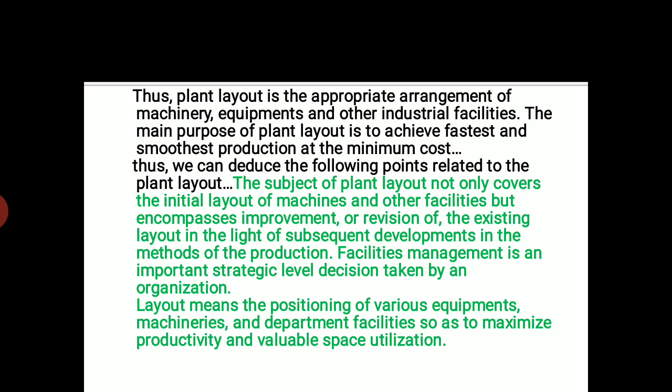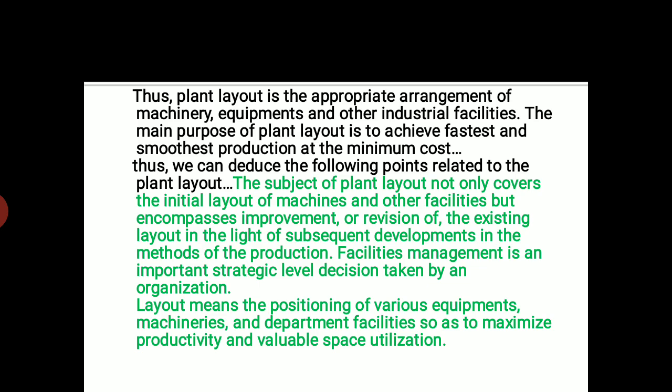Whatever arrangement, whatever facilities we arrange, or the proper placement of the things, is said to be a strategic level decision, which is generally taken up by the higher level authorities. The purpose again remains the same, that it wants to have convenient production.